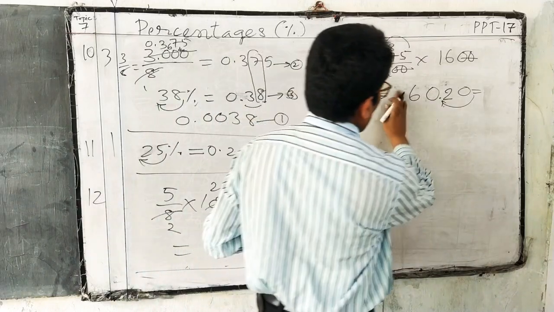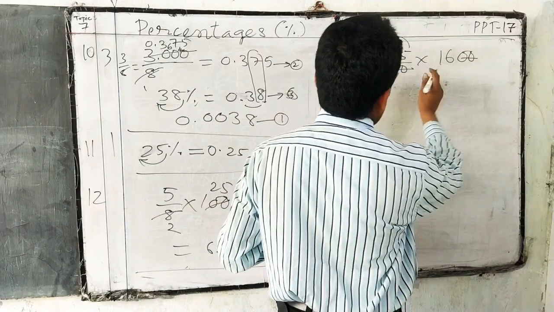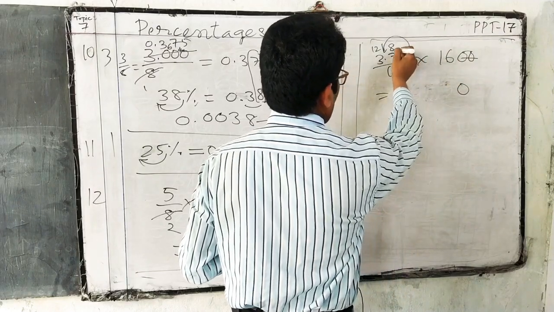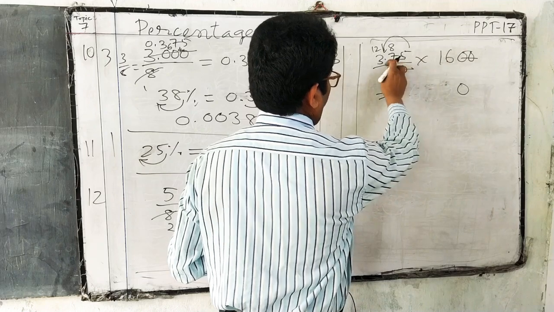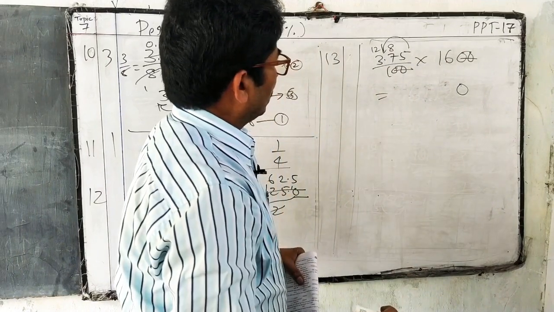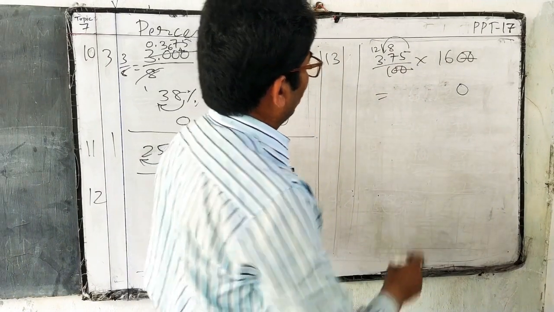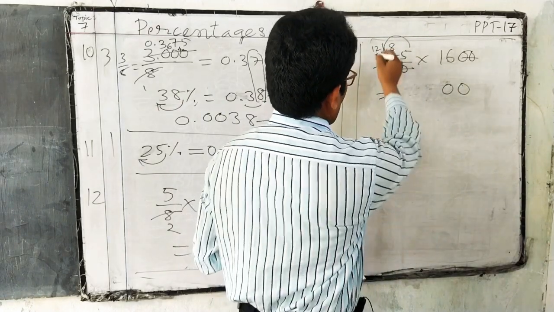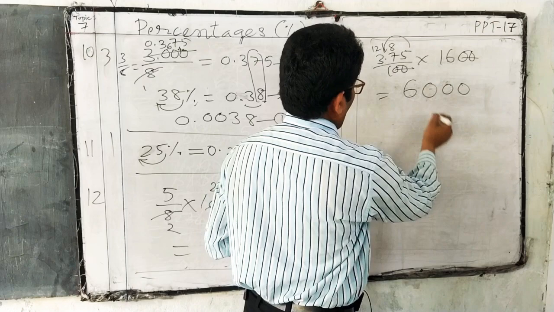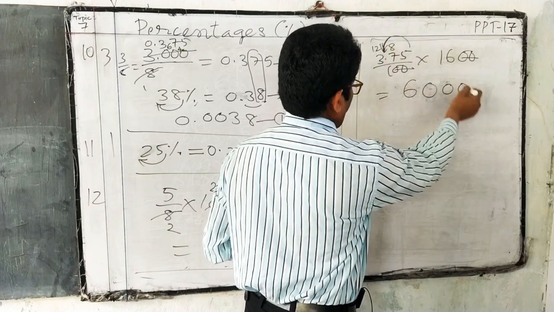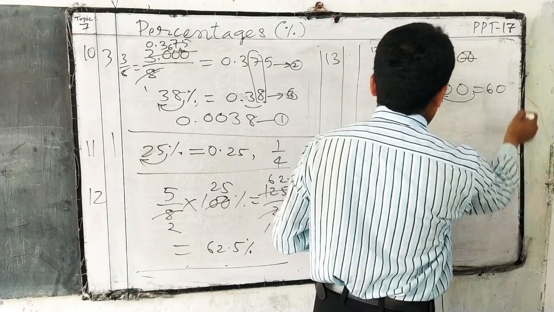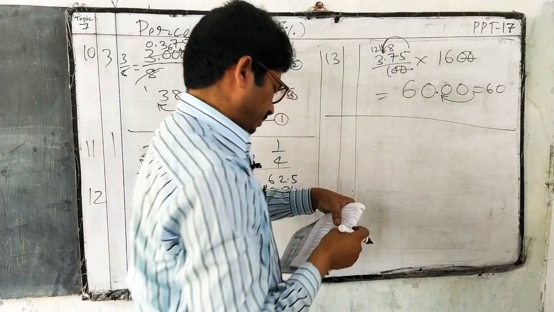Once again, 16 5s are 80, 16 7s are 112, 16 3s are 48, 60. So with 2 decimal places, that is equal to 60. So option 1.